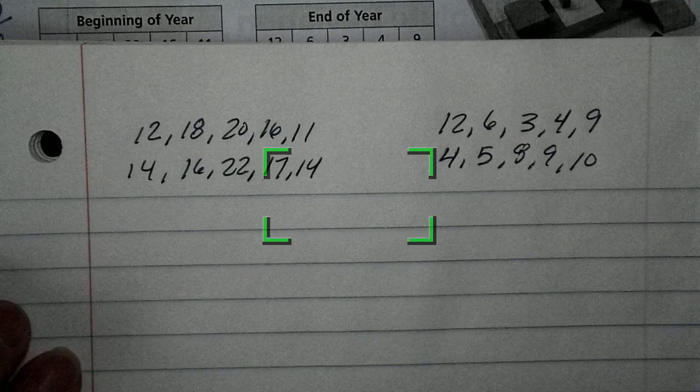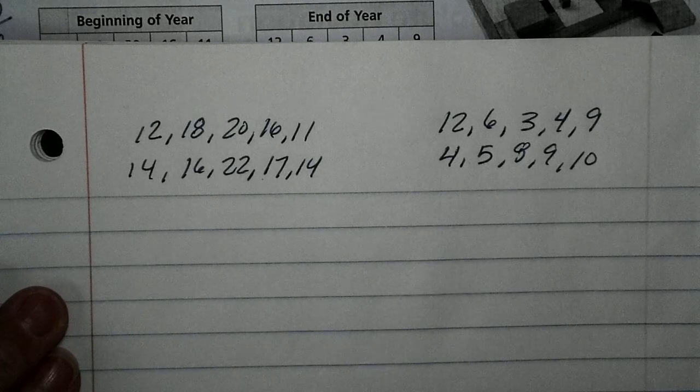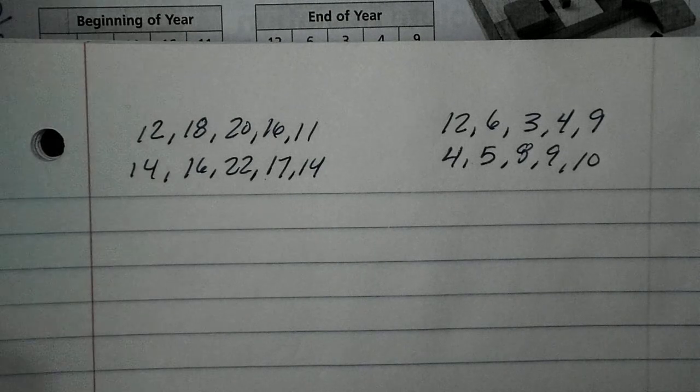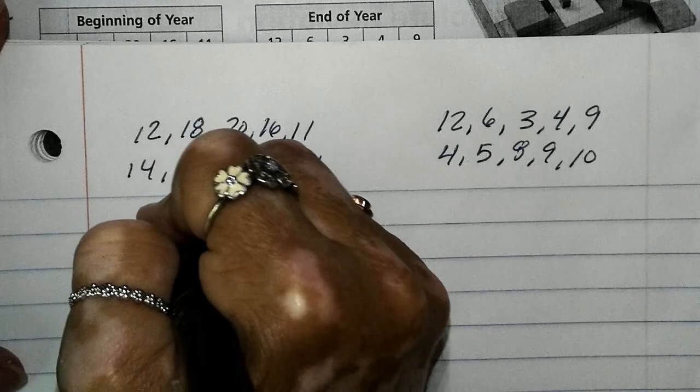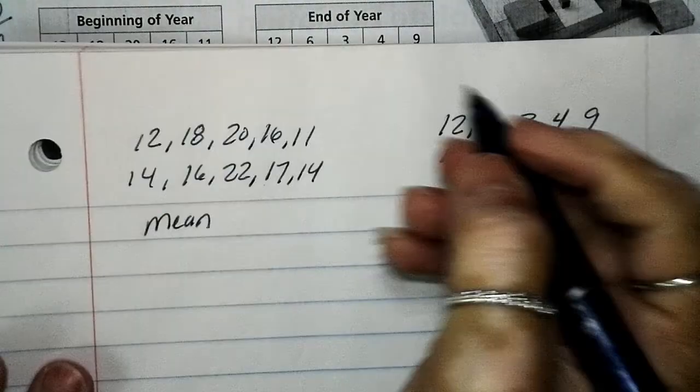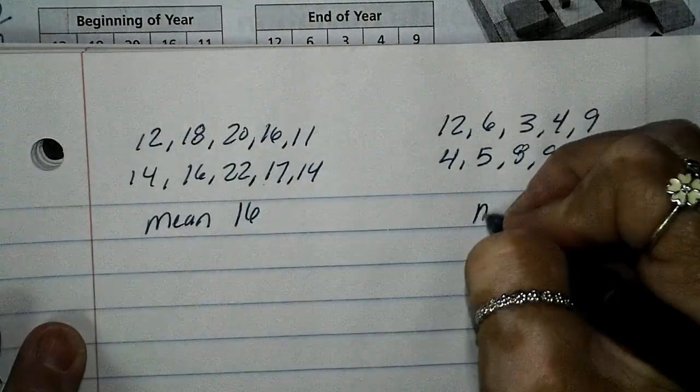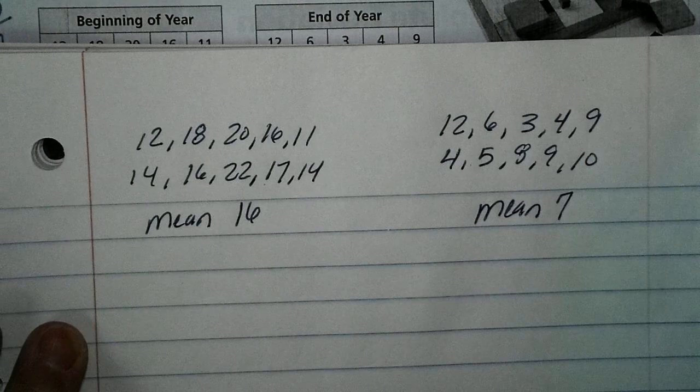All right, so there's my data point, so I don't have to keep going back and forth. All right, so remember, it's the absolute value of the data point subtracted from the mean. And the mean of the first one is 16, and the mean of the second one is 7.